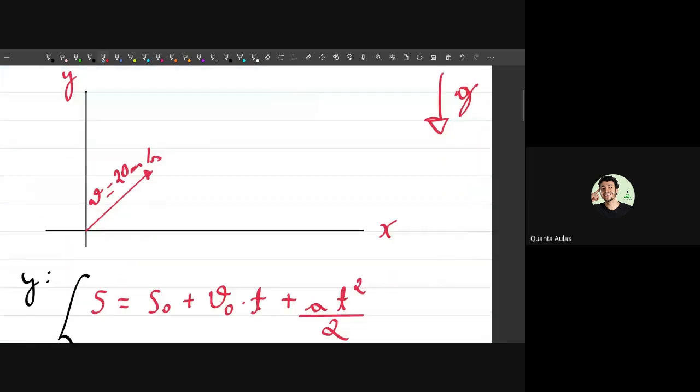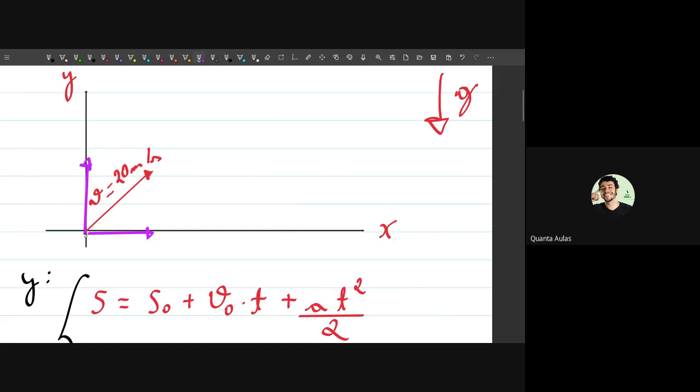But we can write this velocity in its components, in the component x and in the component y, because we are trying to write this problem in a parametric form, okay? In a y and x form.